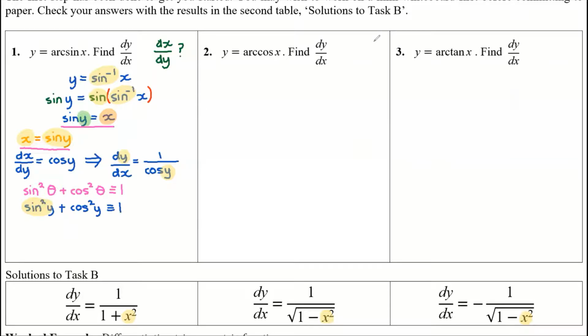Okay, so now I've called this something specific, so I now know that x squared, in fact, I'll do that in a different color because I've made a substitution. So I now know that x squared plus cos squared y is equal to 1.